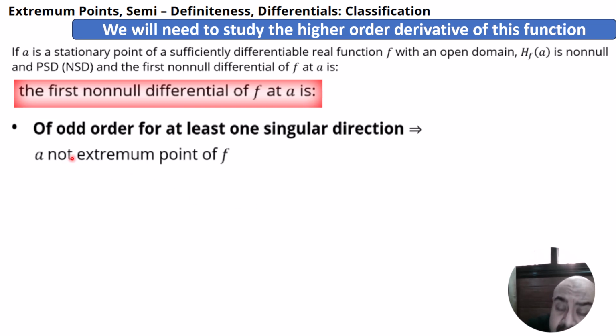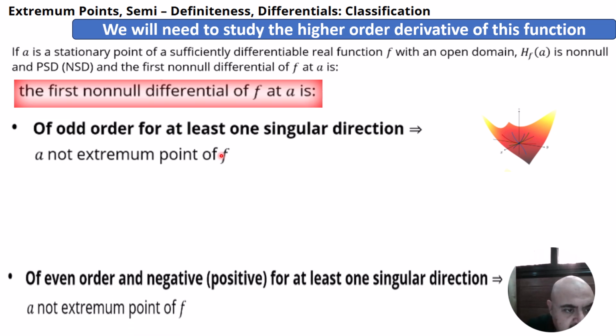If it is odd for at least one singular direction, then it's not an extremum point of f. If the first non-null differential is even and either negative or positive for at least one singular direction, you're not an extremum.